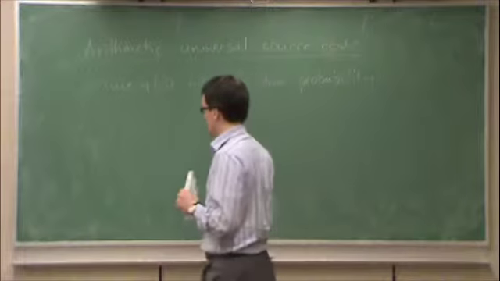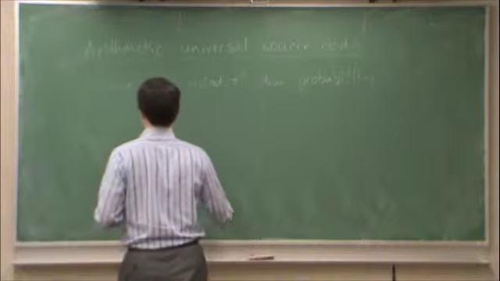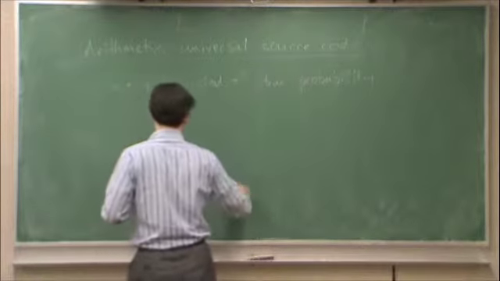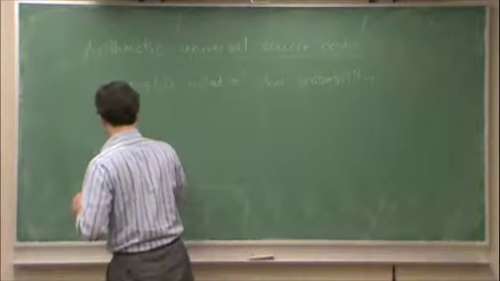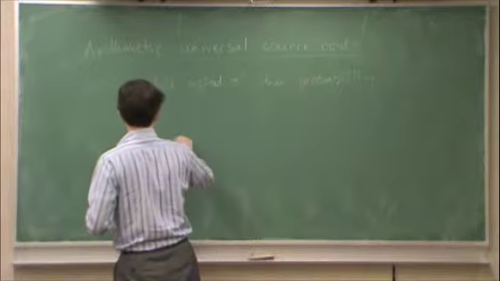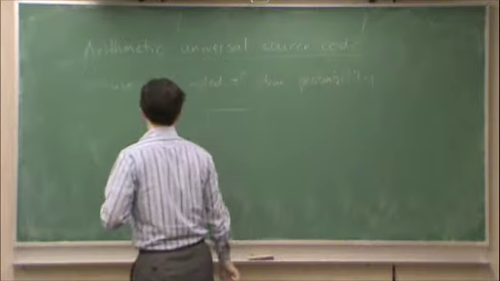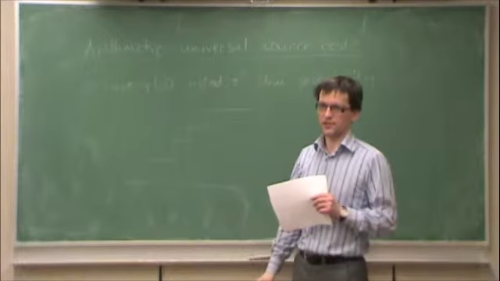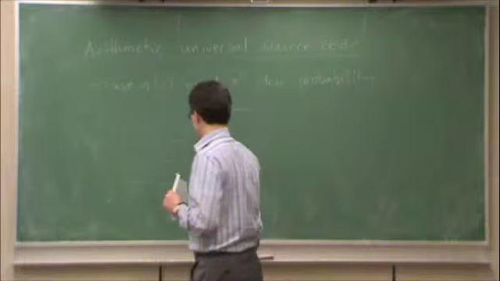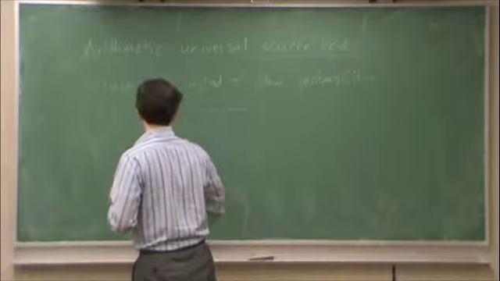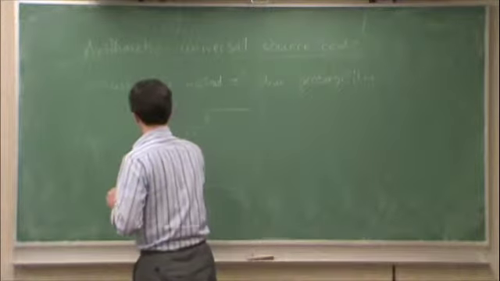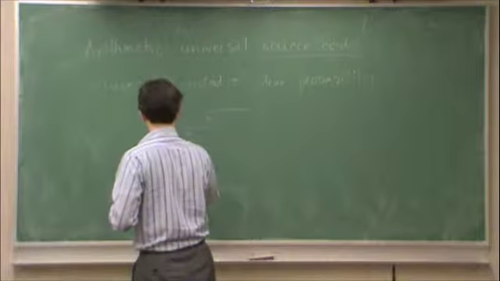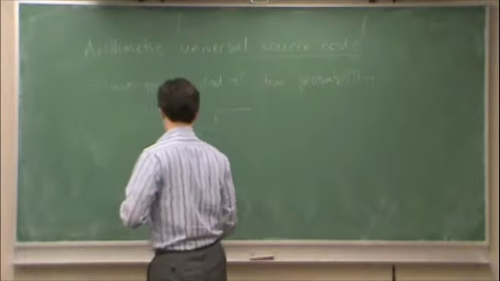Remember, an arithmetic code is basically a Shannon-Fano-Elias code, and the idea there is we have the cumulative distribution function like so, and what we're really doing is finding this function F bar of x.